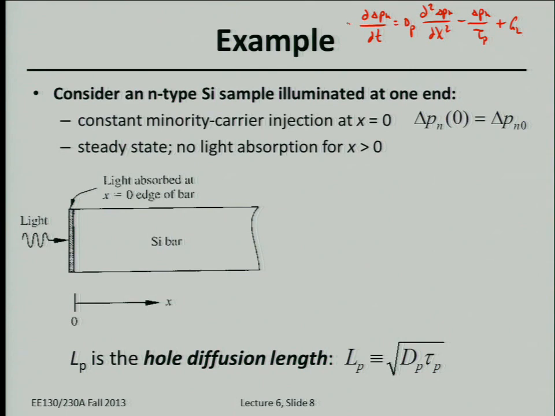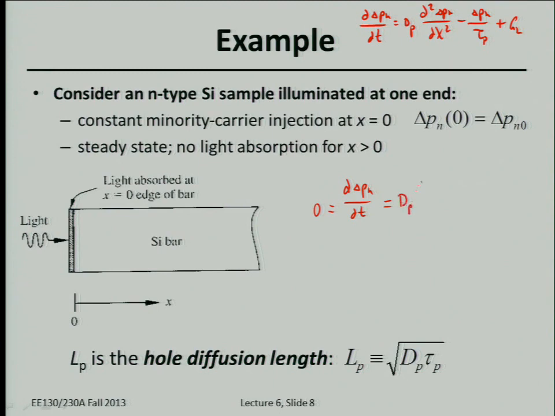So we can set this equal to 0, right? The rate of change versus time is 0. So we say 0, the rate of change in the excess minority carrier concentration with time. And inside the semiconductor, G_L is 0.